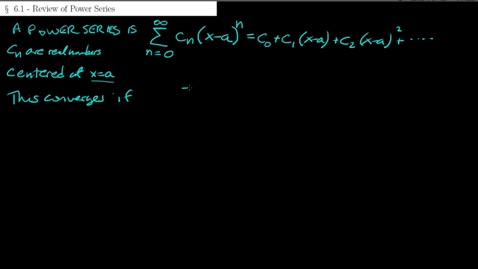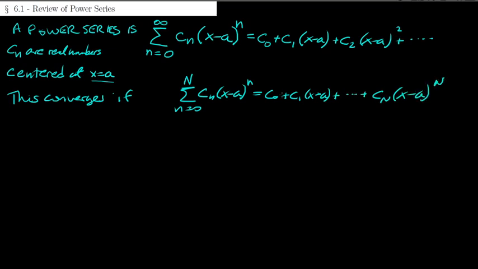So if you just take the sum n going from 0 to, say, capital N, you're starting at c_0 plus c_1 (x minus a) plus dot dot dot, and then we end at c_N (x minus a) to the N, right? So essentially you just get some sort of a polynomial here, right?